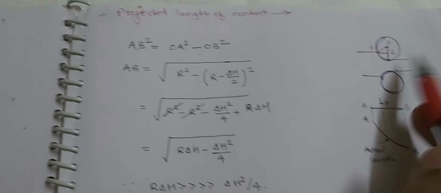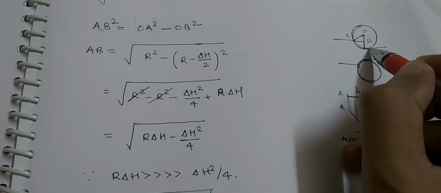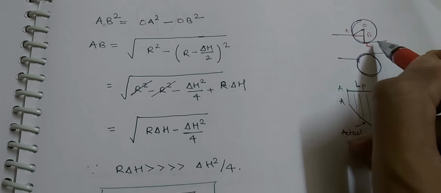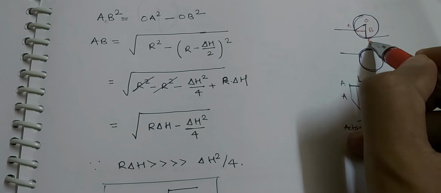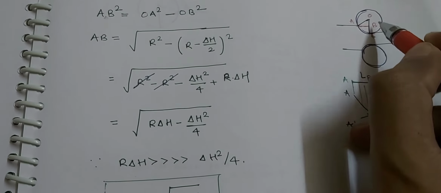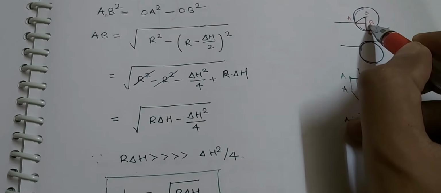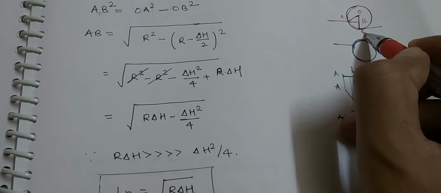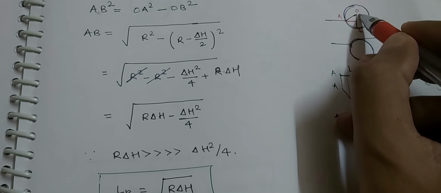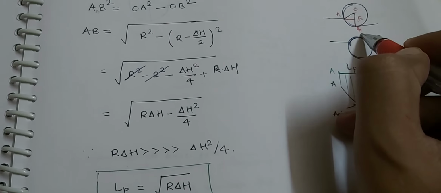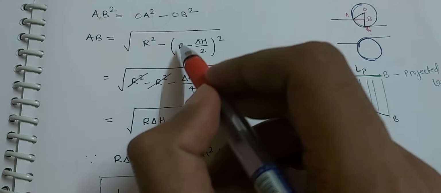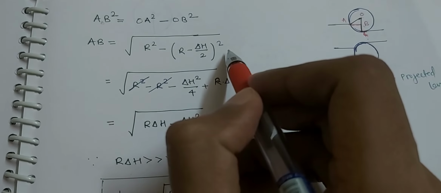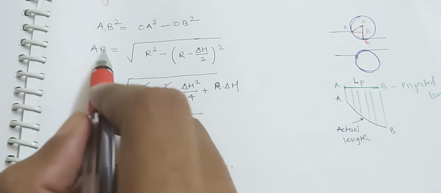Let us assume this is a point C, same as the previous derivation. BC is delta h by 2, which we found in the previous derivation. So OB is R minus delta h by 2, and we take the square of that. So we will get AB easily.